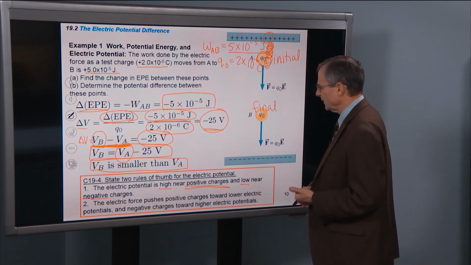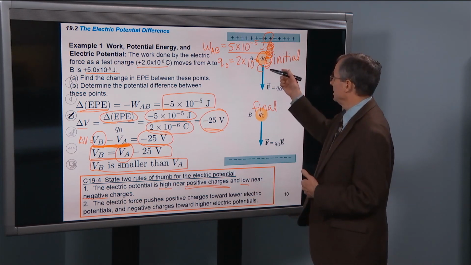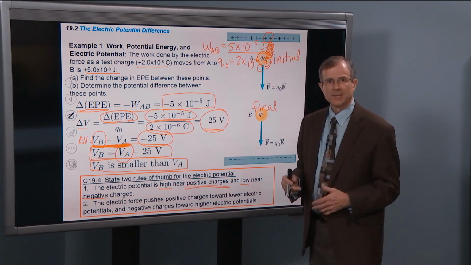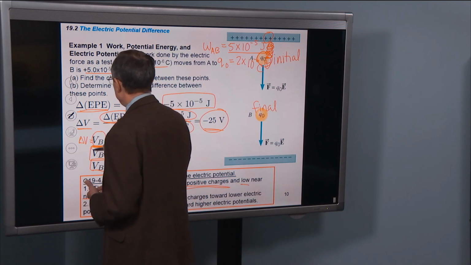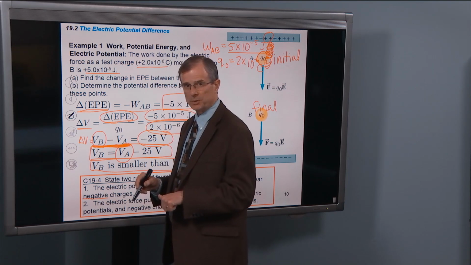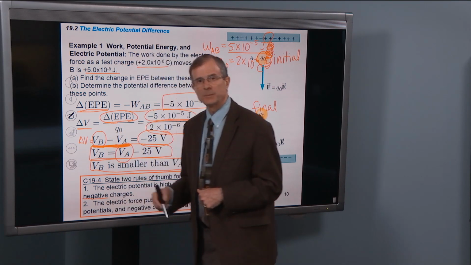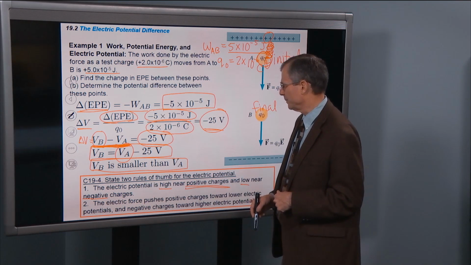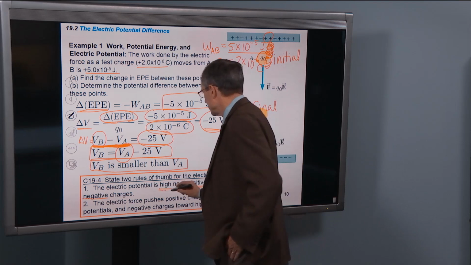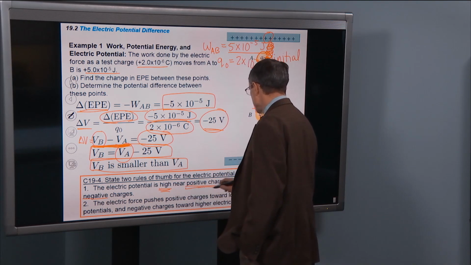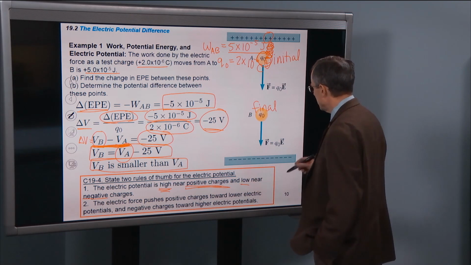So if there's a lot of electric potential energy associated with that situation, then because the electric potential is proportional to the electric potential energy, the electric potential must also be high. So the electric potential is high near positive charges, and low near negative charges.